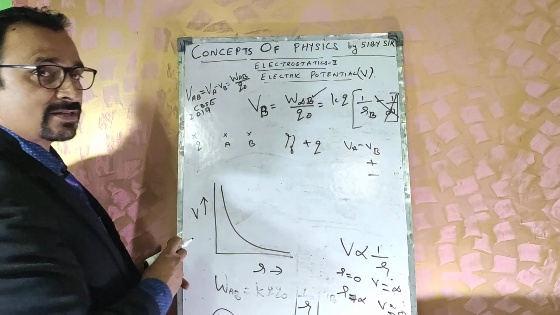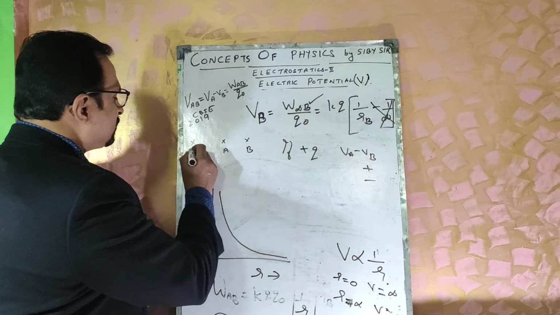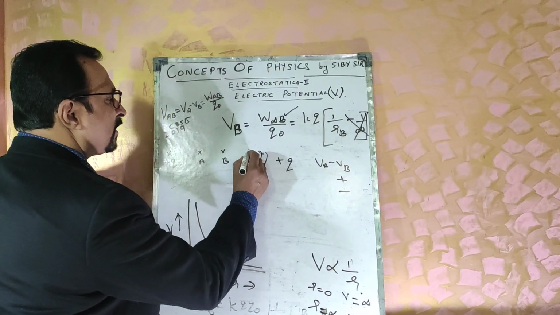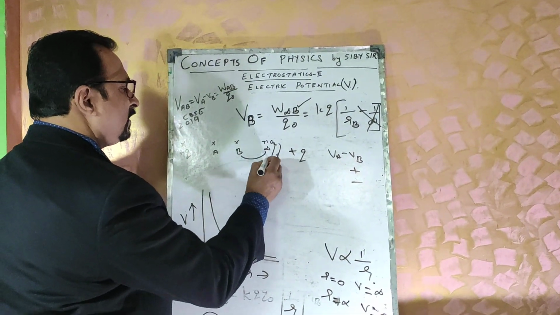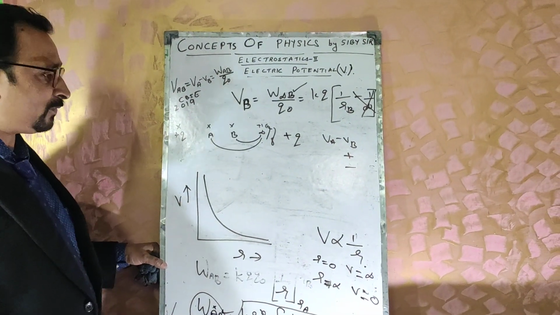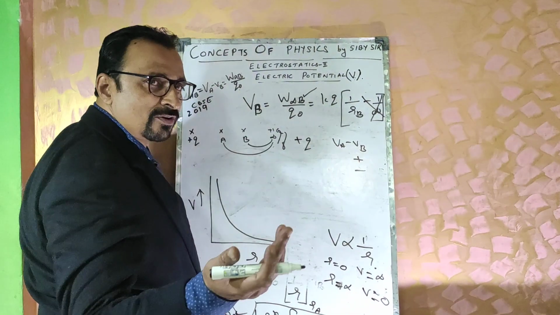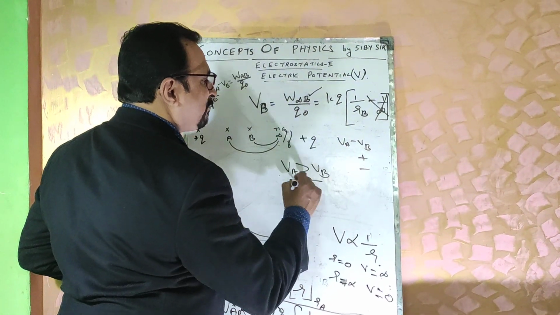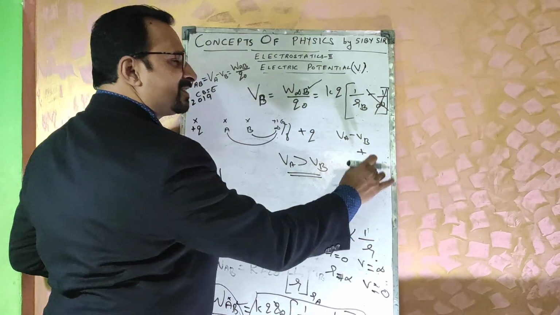Can you tell the answer in this case? If this is a positive charge, the work done to displace 1 coulomb charge from infinity to B, infinity to A, which is more? The work done to displace the charge from infinity to A is more, right? So which is more? VA is more. So VA is greater than VB. Therefore, VA minus VB is positive.